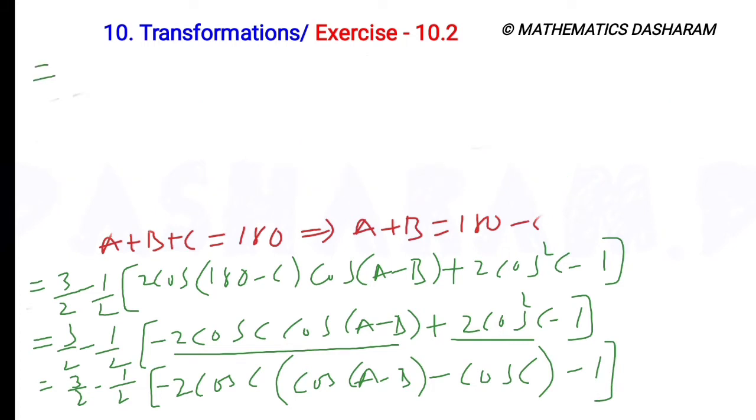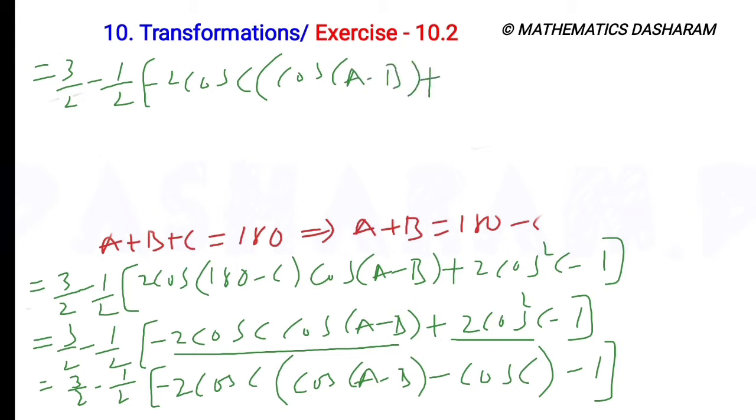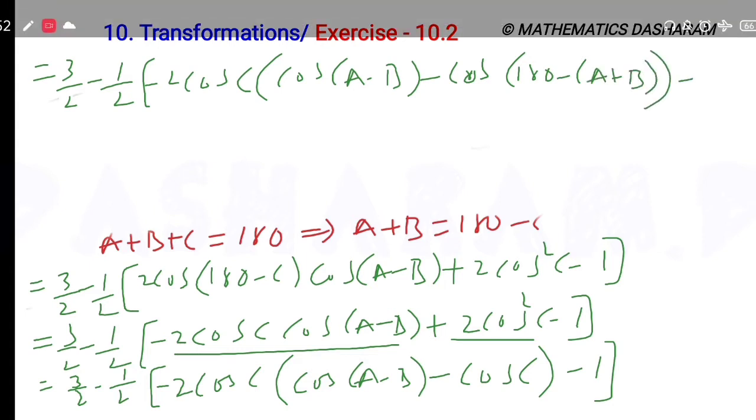So it is equal to 3 by 2 minus 1 by 2 bracket of minus 2 cos C, bracket cos (A minus B) plus, sorry, minus cos C. In place of C we can substitute 180 minus bracket of (A plus B), bracket close, next to minus 1, again bracket close.